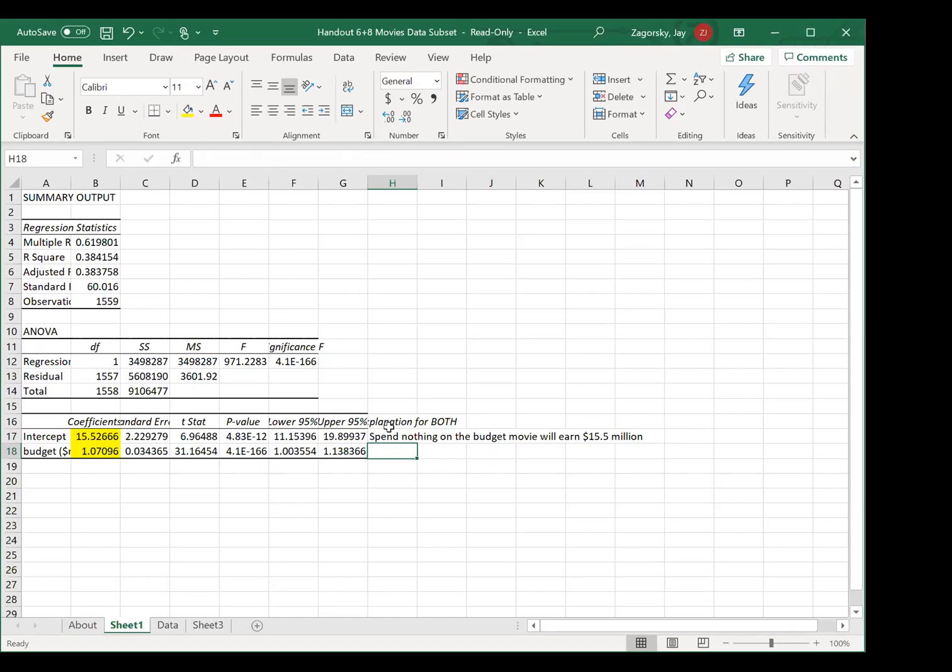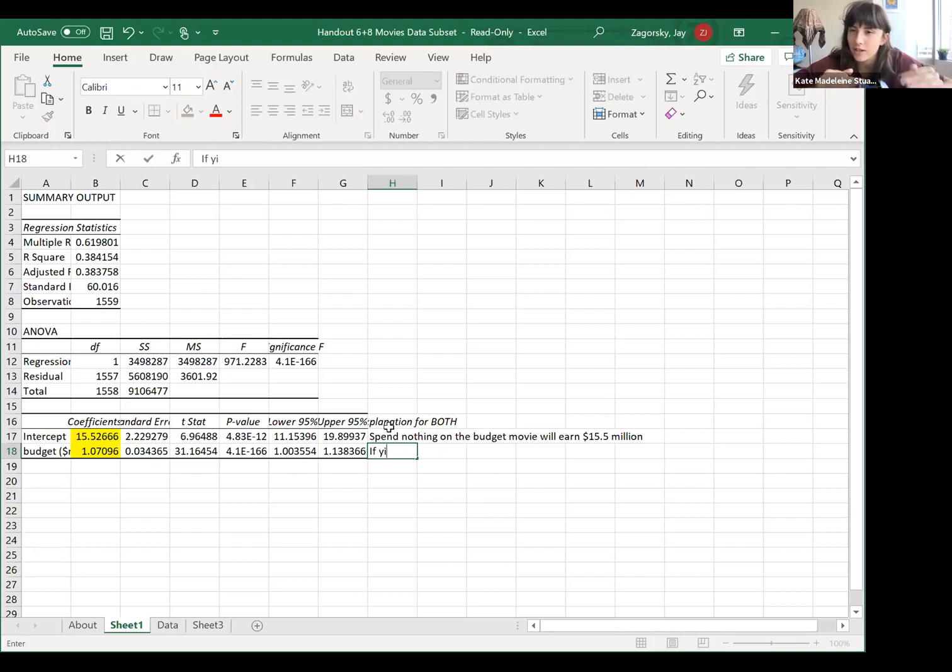Okay. All right. Breakout room 3. Do we have somebody who's going to tell us? Excellent job, by the way. Do we have somebody who's going to tell us the budget coefficient? What is that? 1.07, tell us. So we weren't completely sure, but we talked about if you spend $1.07 million on budget, that's how much your gross will increase. Pretty close. I would just flip the words around a little bit.